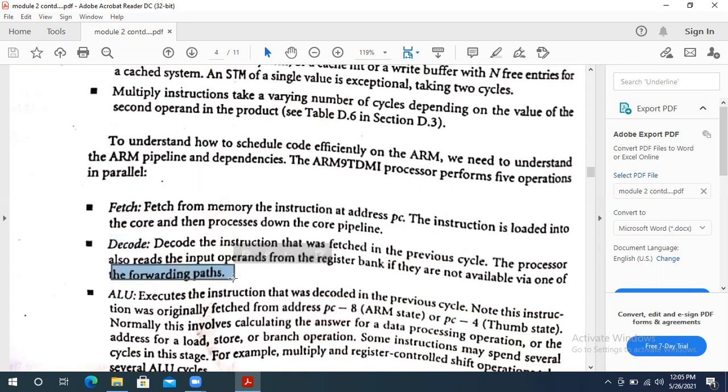Decoded means it converts into machine level language, because the computer understands only machine level language. So whatever inputs we pass, those are converted to machine level, nothing but the binary, zeros and ones. That is done by the decoding here. So once the decoding is done, it is sent to the ALU.